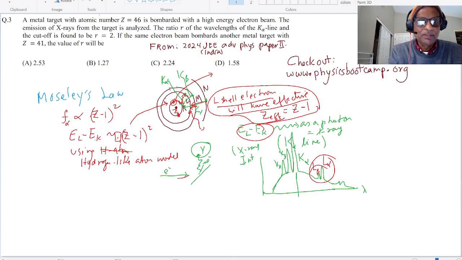So if that's the case, then lambda alpha will be proportional to 1 over (Z minus 1) squared.